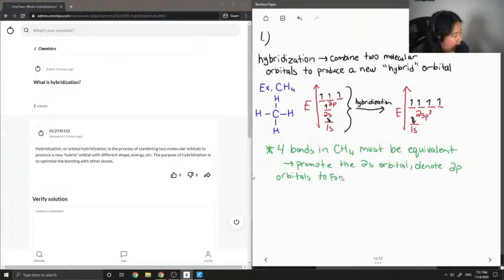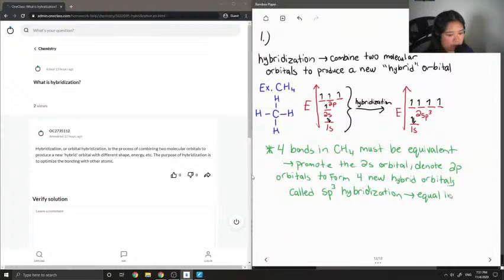And this is to form 4 new hybrid orbitals called sp3, sp3 hybridization. Making them all equal in energy.